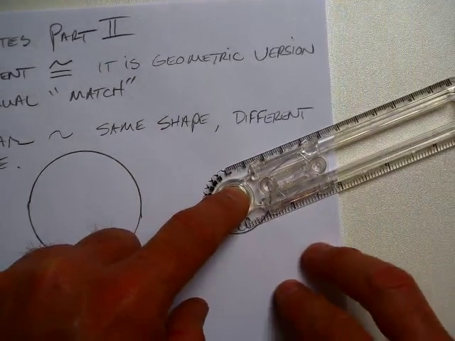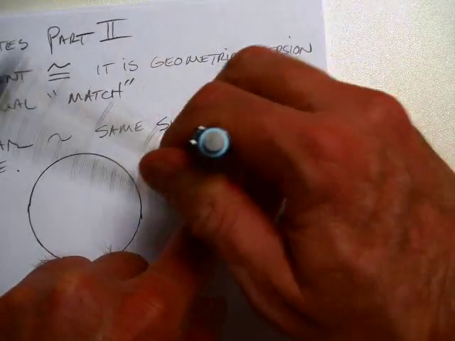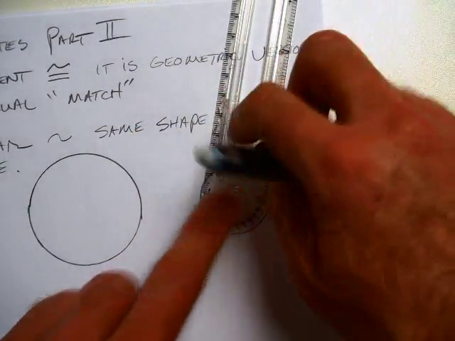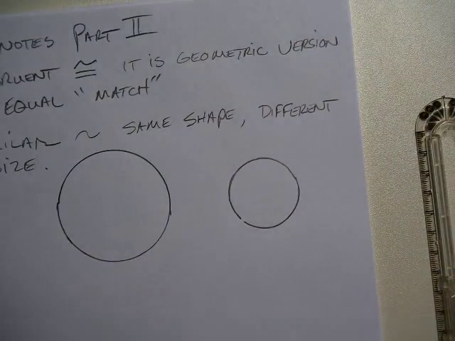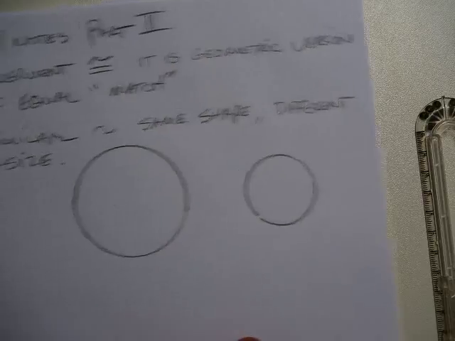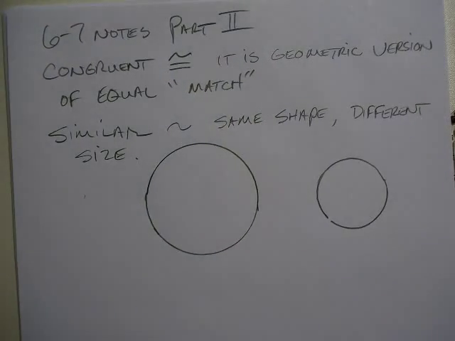So for example, squares would be similar, because all the angles, everything about the shape is the same, except they're different sizes. So an example of that is any two circles, if they're not exactly the same size, they are similar. But squares would be similar if they're not exactly the same size.